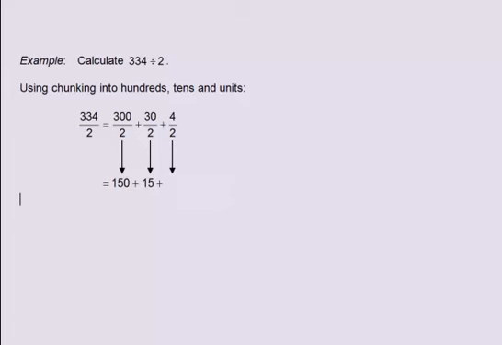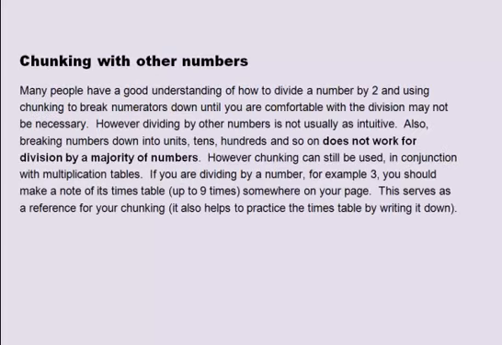And 4 divided by 2 is 2. So 334 divided by 2 equals 150 plus 15 plus 2, which equals 167.